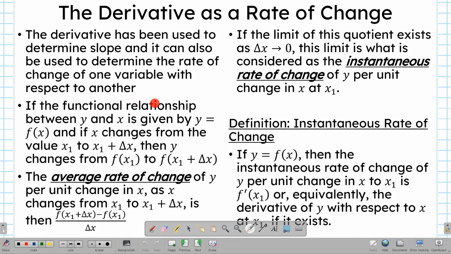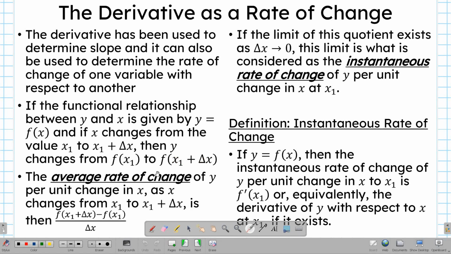If the functional relationship between y and x is given by y is equal to f of x, and if x changes from x sub 1 to x sub 1 plus delta x, then y changes from f of x sub 1 to f of x sub 1 plus delta x.